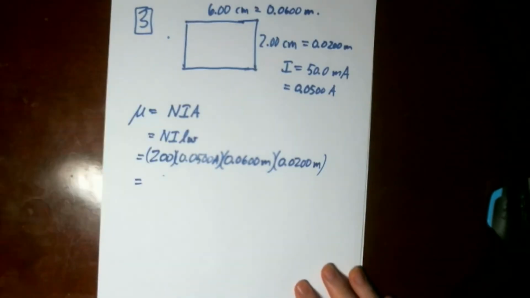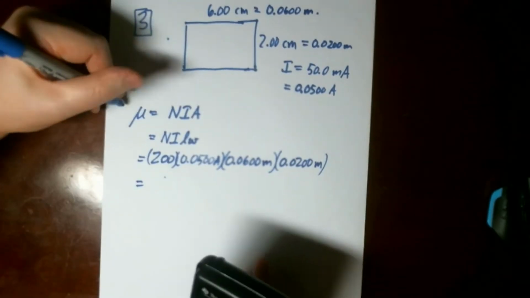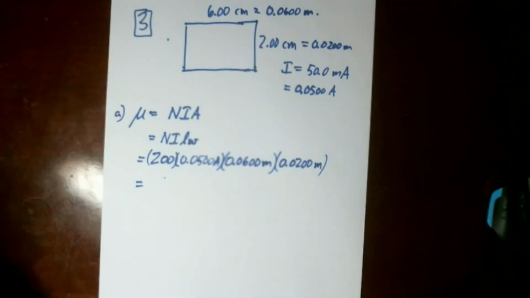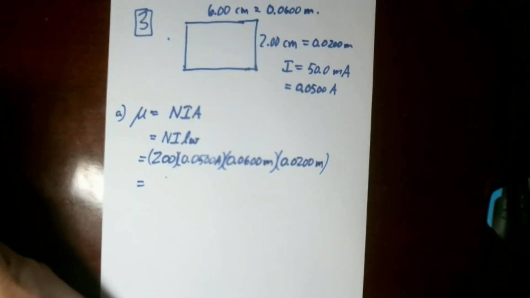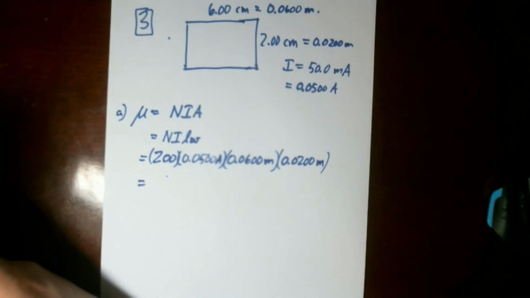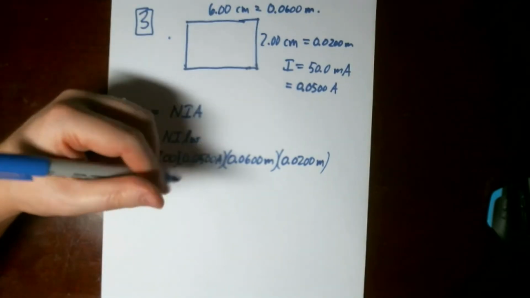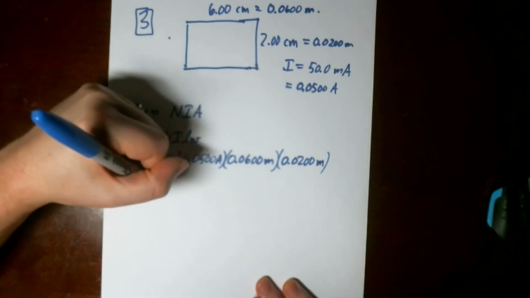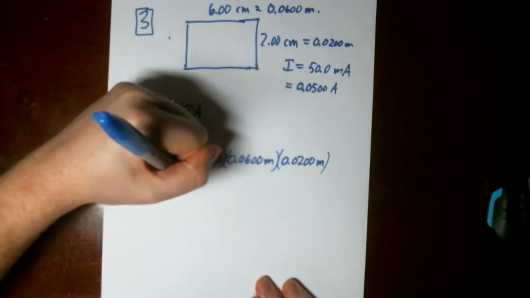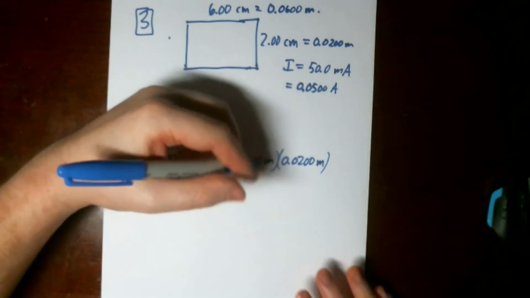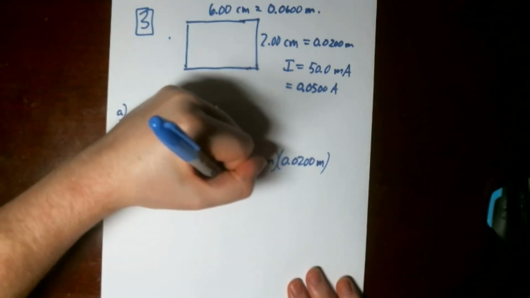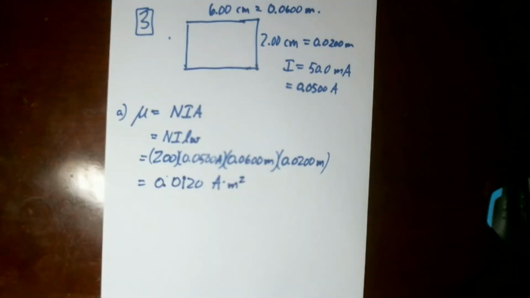So multiplying all that together, sorry, this is part A, we find that the magnetic moment of this current loop is going to be 0.0120 amp meters squared.